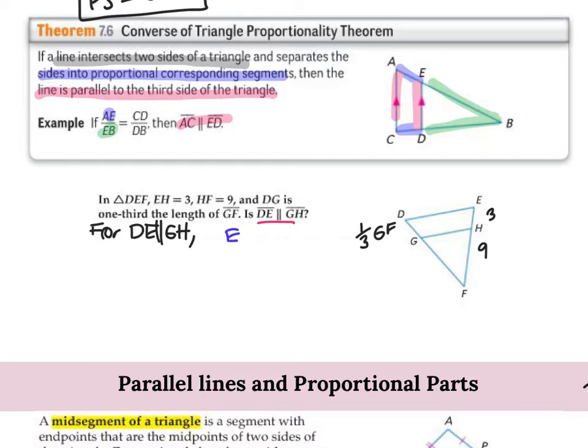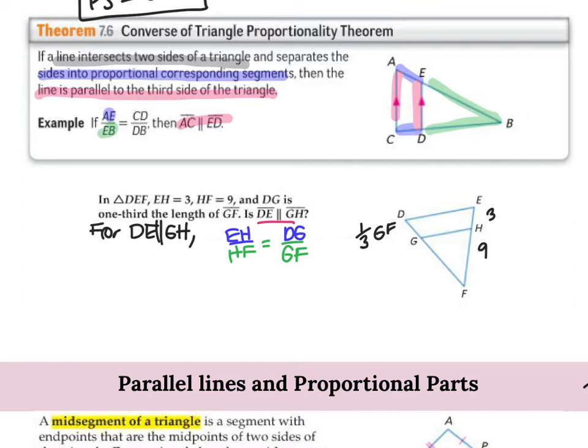So we can say EH over HF would have to equal DG over GF. Okay, so they didn't give me a length for DG. They just said that DG is 1/3 of GF.